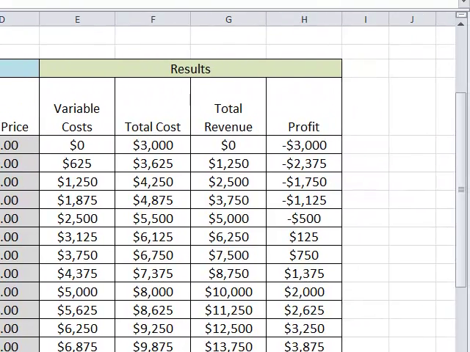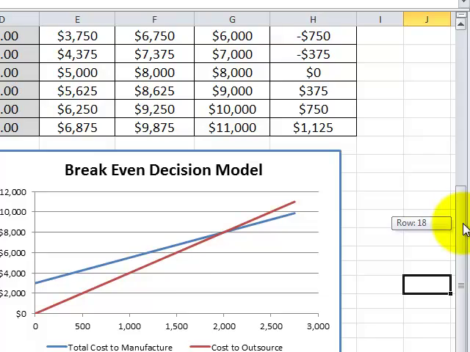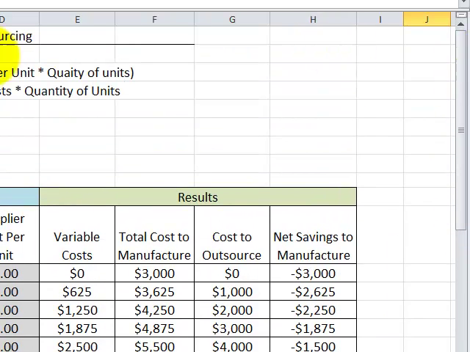One other thing you can do with break-even is make some interesting decisions. The next thing, example 1.8, talks about decision models for outsourcing, or what I sometimes call make-buy. Should I make it internally, or should I have another vendor make it? So a couple of functions. To manufacture myself, it's my fixed costs plus my cost per unit times the quantity of units.